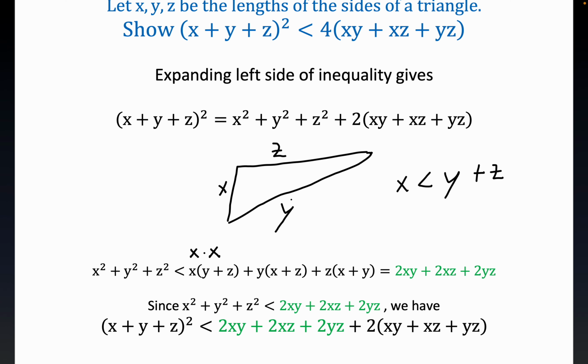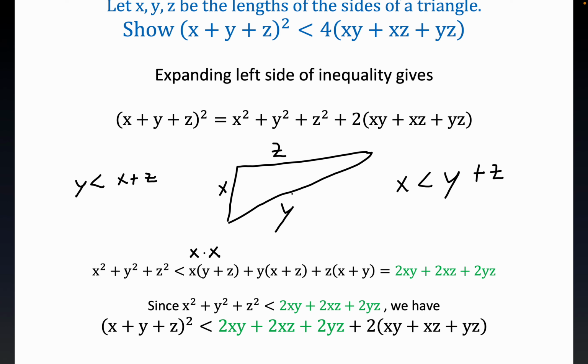Y would be less than x plus z, and so on. Y would be less than x plus z, and then we could write down a similar statement. But in this fashion, this gets converted to this, by using this particular triangle.